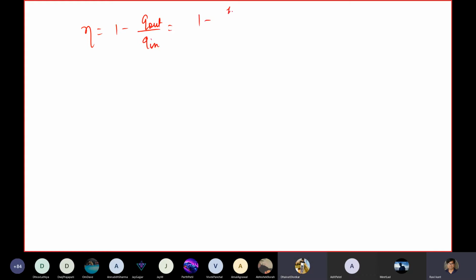Q out is equal to H4 minus H1, and Q in is equal to H3 minus H2. So we can plug in all those things and we get that H4 minus H1 was 2018 and this was 2728, and it comes out to be 0.26, that is 26% efficiency.